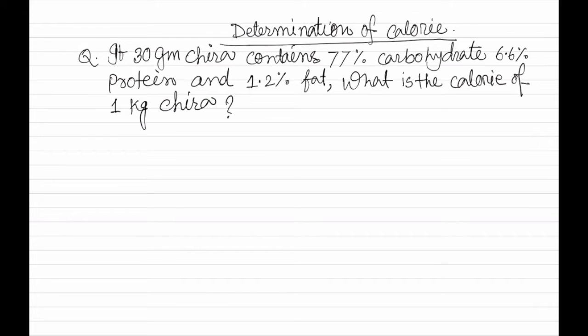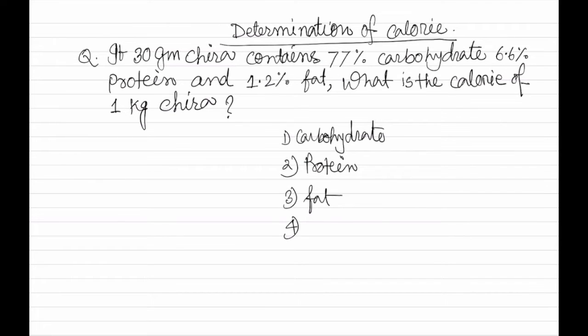First of all, I'm trying to explain there are mainly 6 food components. One is carbohydrate, protein, fat, vitamins, minerals, and last one is water.